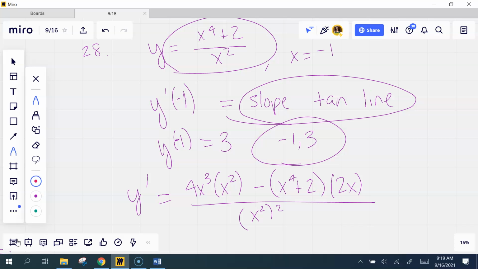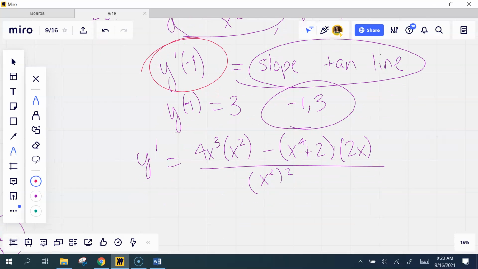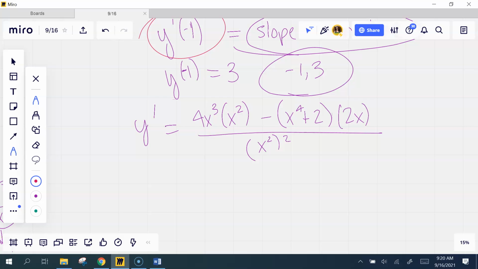But remember, I need the derivative at -1. So I might not even clean this up before I plug -1 in, because it might be easier just to plug -1 in the way it is now. I agree too. Right, but at -1, that would be 4 times -1 cubed times -1 squared.